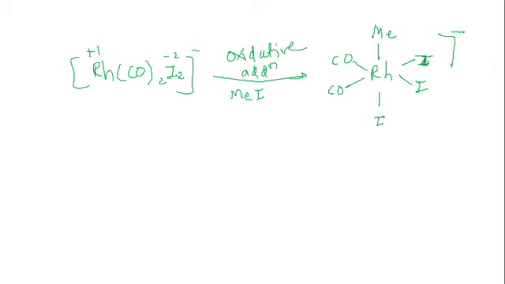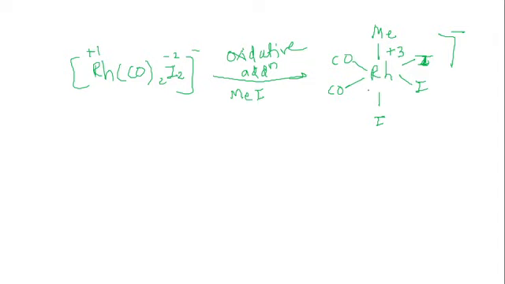Then what happened here? This Me has a -1 charge, and iodine also has a -1 charge, and that's why the oxidation state of rhodium is increased by 2. That means it becomes +3. In the first case, rhodium has oxidation state +1, and after the oxidative addition, the oxidation state of rhodium becomes +3.